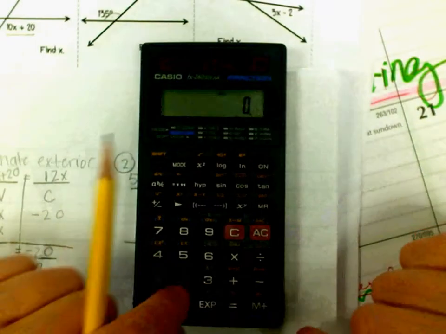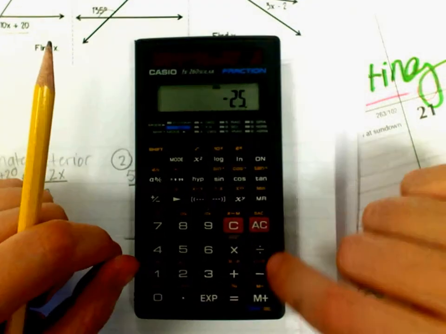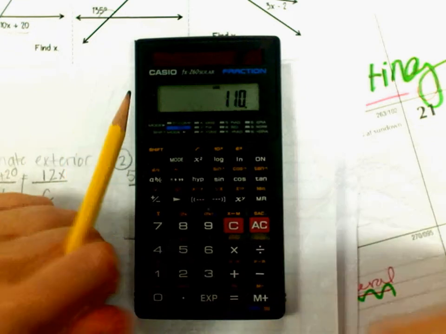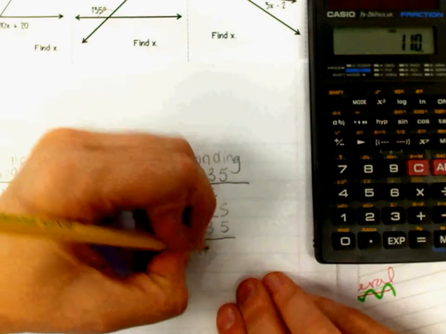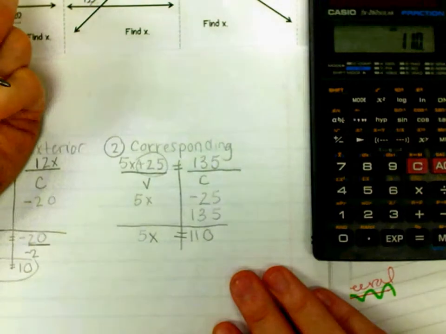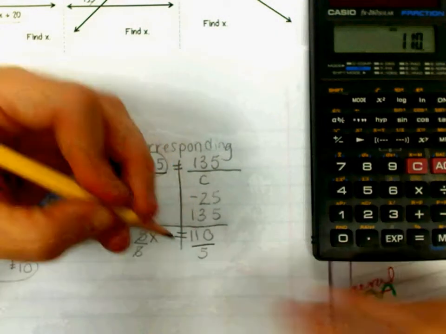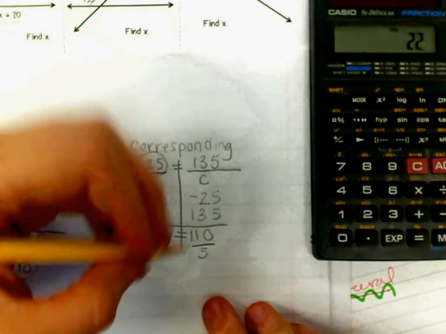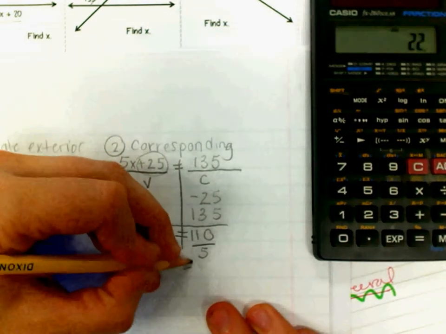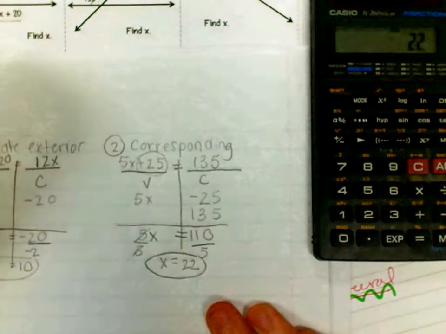Negative 25 plus 135 is 110. And divide by 5. X equals 22. That's number 2.